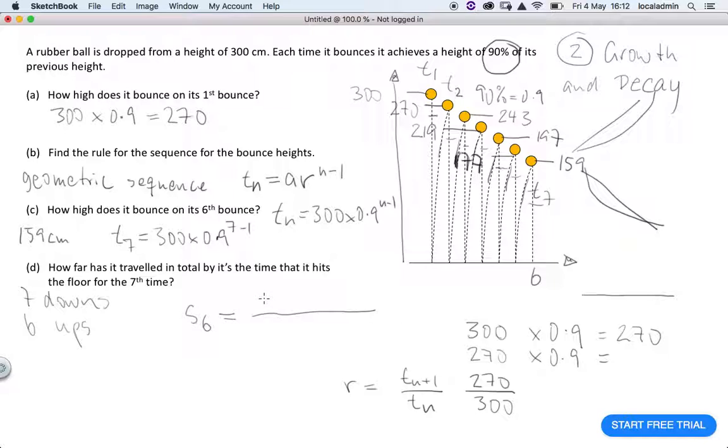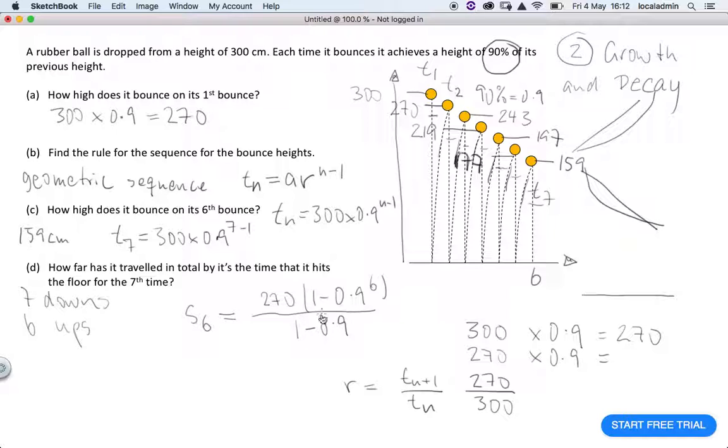Then we have our, what is it? Our initial one is 270. Remember, we ignore this one because it doesn't go up and down. What have we got here? Then we do 1 minus r, which is 0.9, to the n, which is 6, and then it's 1 minus 0.9.